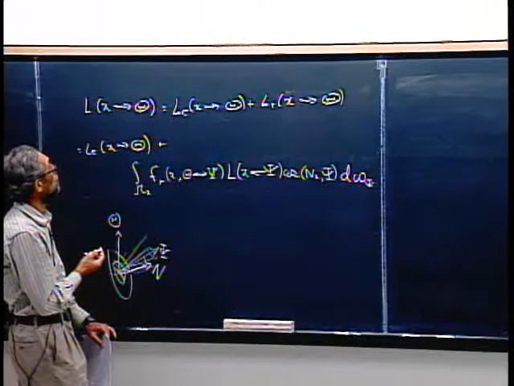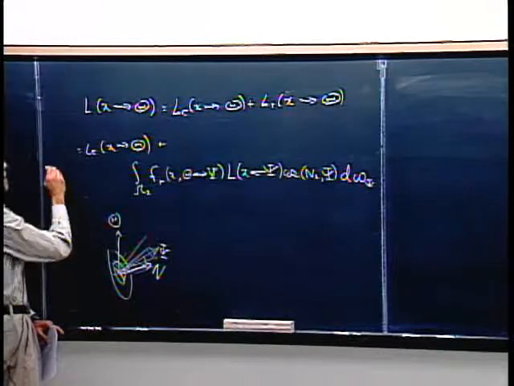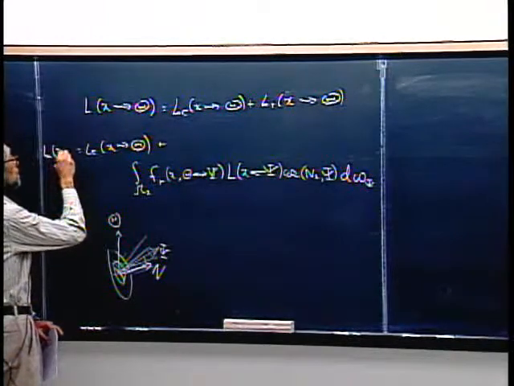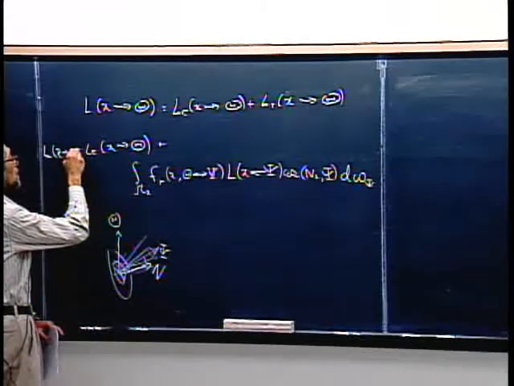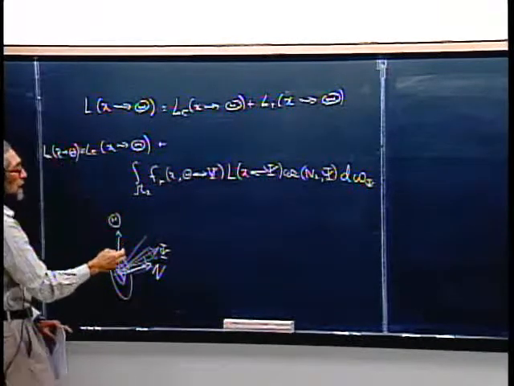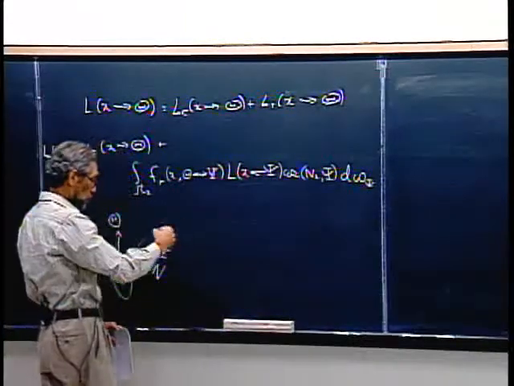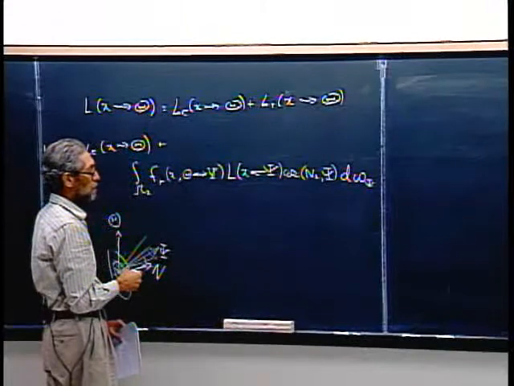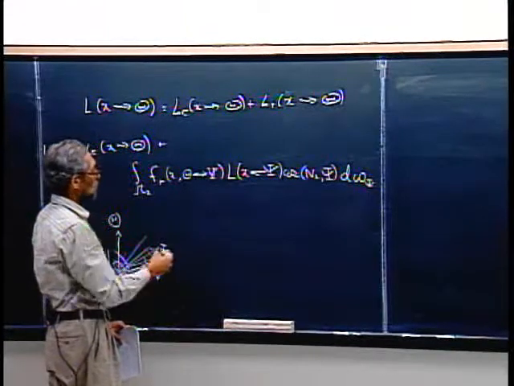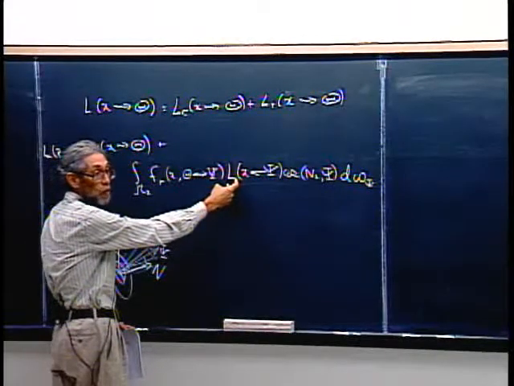Okay, so if you look at this equation, this says light at x going out in direction theta depends on light at a bunch of other surfaces, really, because this is light coming from other surfaces at other points.